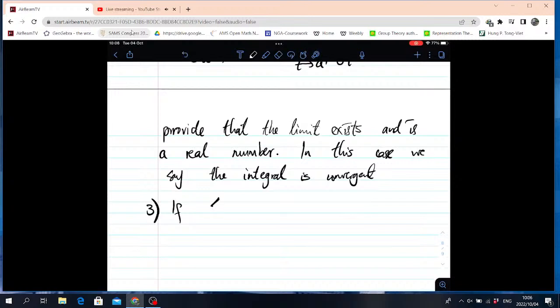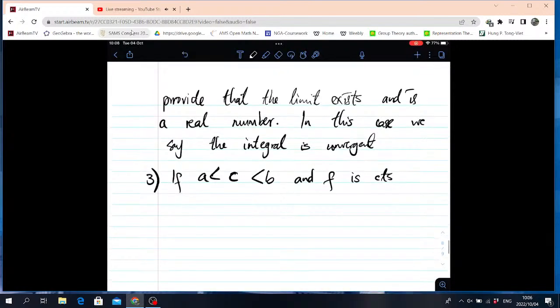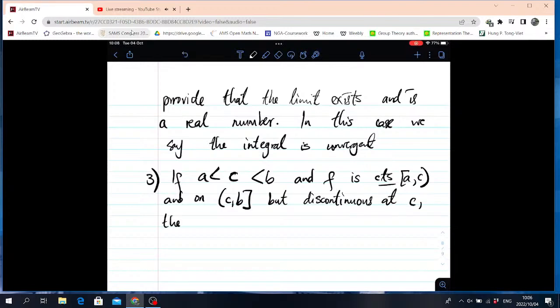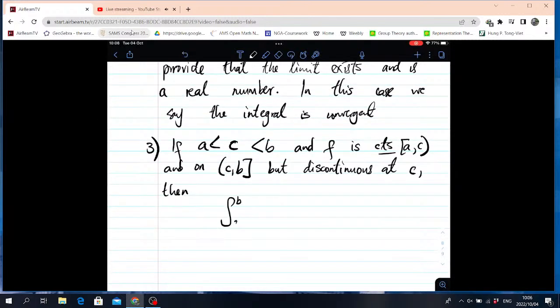If the discontinuity is not on the endpoints but inside the interval, so if f is continuous on A to C and on C to B, but not at C, discontinuous at C, then the integral from A to B of f of x dx is the integral from A to C of f of x dx plus the integral from C to B of f of x dx.